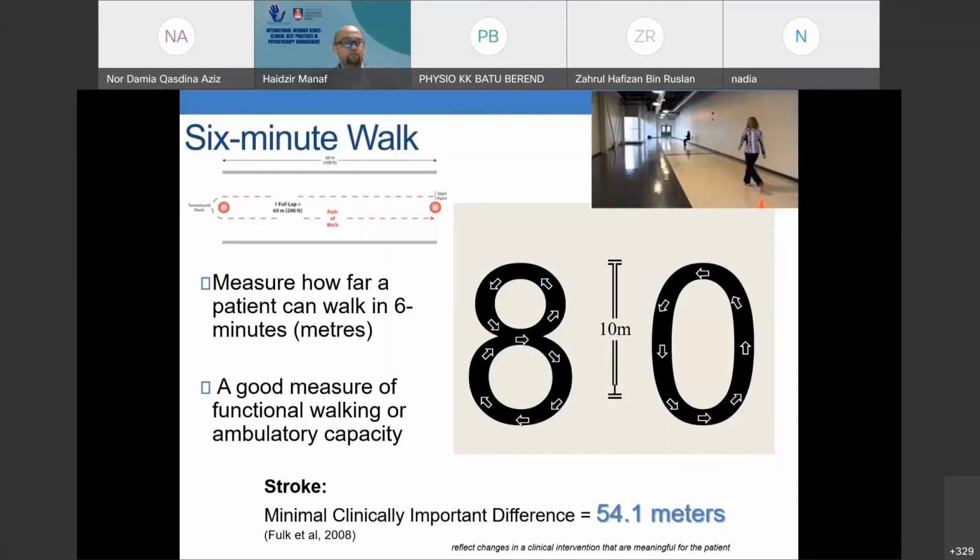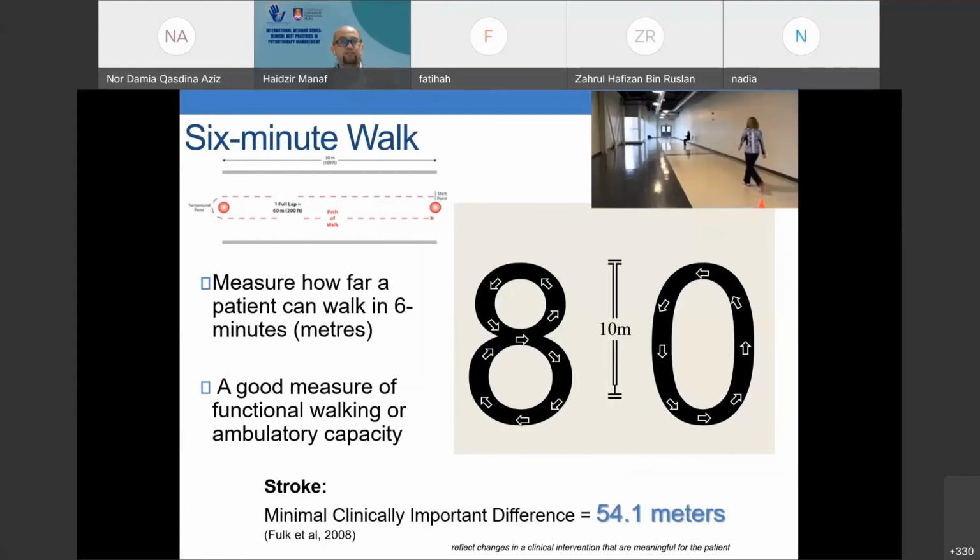So therefore, you need to prescribe at least aerobic exercise or walking training for longer range in order to improve their walking endurance. The minimal clinically important difference is 54.5 meters, to show that they have beneficially improved when you start your gait training.